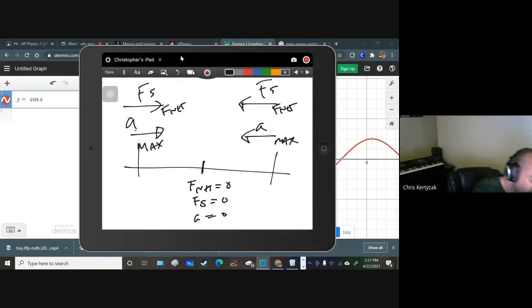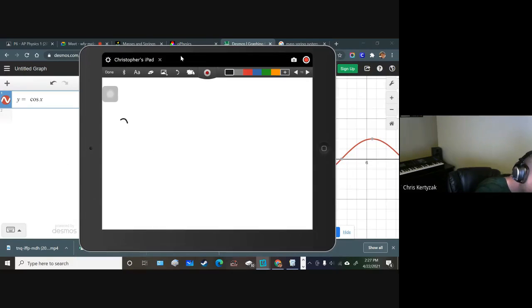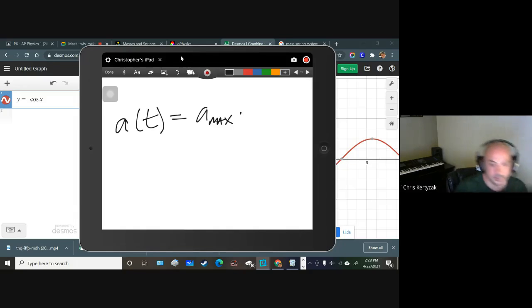So now what we're going to do is talk about our acceleration versus time graph. We know it has to have some maximum. In fact, let's not call it A, sorry. It has to have some maximum value, so I'm going to call it A max. It has to go through positives and negatives because the acceleration direction changes, since the net force changes on both sides of equilibrium.